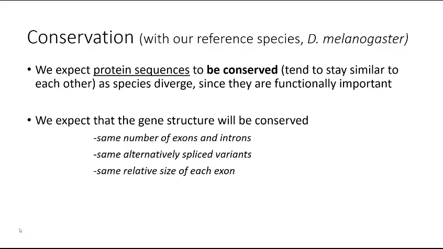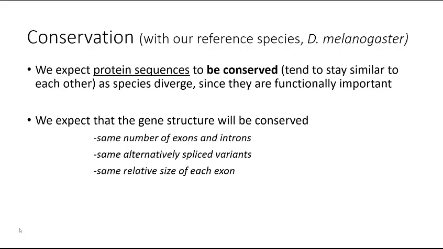In addition to the conservation of protein sequences, we also are going to expect that we have other kinds of conservation as well, specifically conservation of the structure of the gene. So a gene in melanogaster, if it has 4 exons, we would expect in a closely related species that species would also have 4 exons in that particular gene.